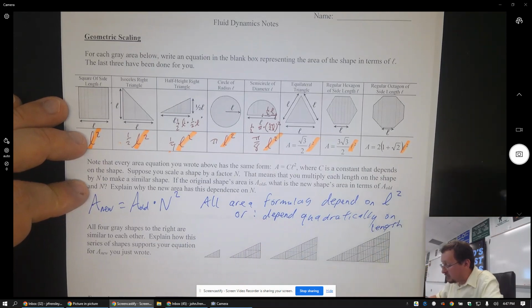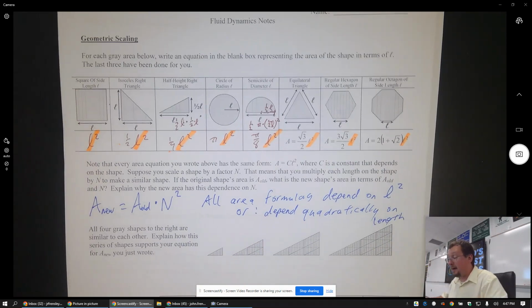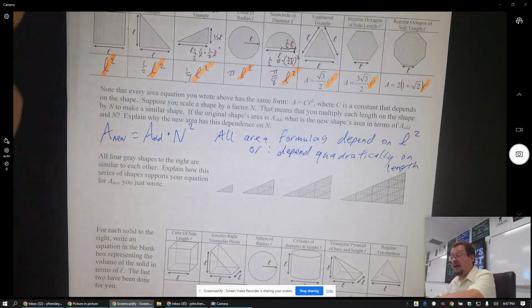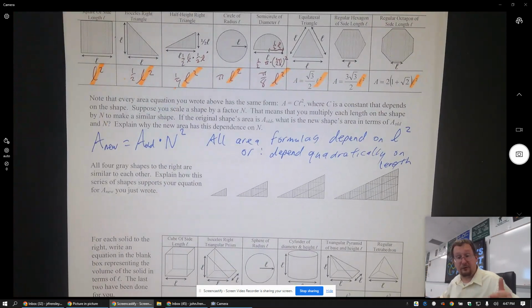So if you have what's called a quadratic dependence, then that means that if the independent variable goes 1, 2, 3, 4 times as much, then the dependent variable goes 1, then 4 times, then 9 times, then 16, then 25 times as much, right? That's what I want students to get from this.